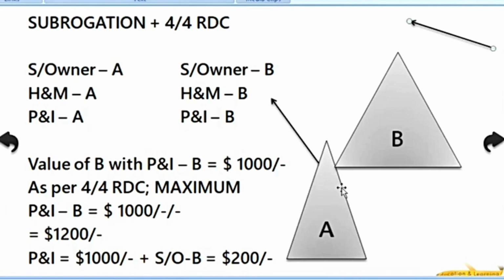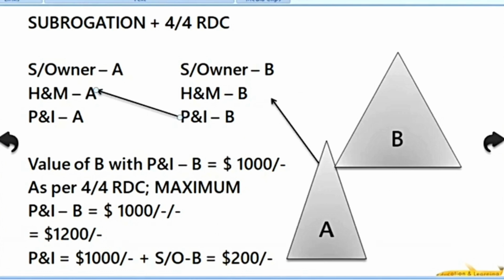So to have the ship A repaired, Hull and Machinery insurer would have to spend $1,200 to repair the damage. Next year, they will increase the premium phenomenally. But now, because of subrogation from the P&I Club of B, they have already received the compensation amount. मान लो 1200 का वो डैमेज हुआ, $1,000 subrogation के तहत मिल गया.